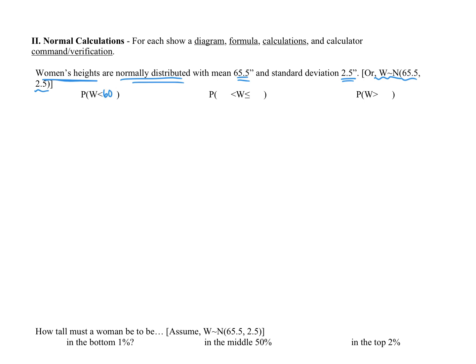Okay, first thing that we are going to do is two things. One, we're going to write out, we know that women's heights are normally distributed with a mean of 65.5 and a standard deviation of 2.5. Even if that is given to you in the problem, you are expected to rewrite it.